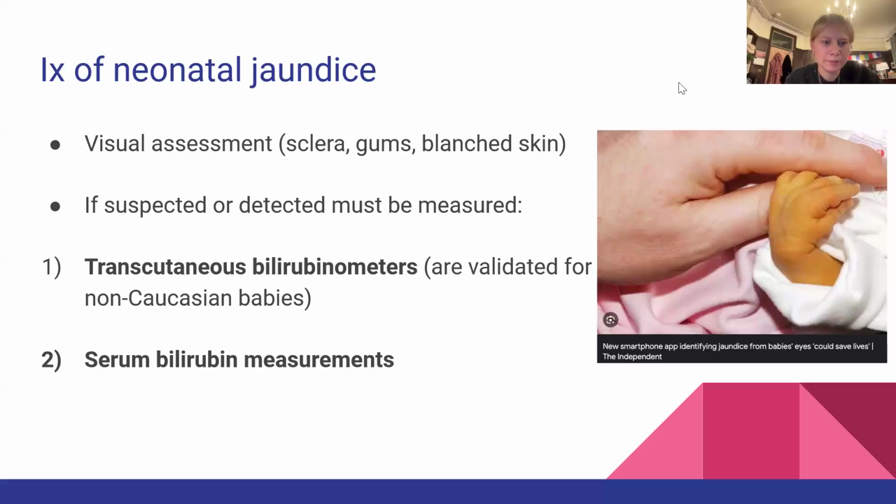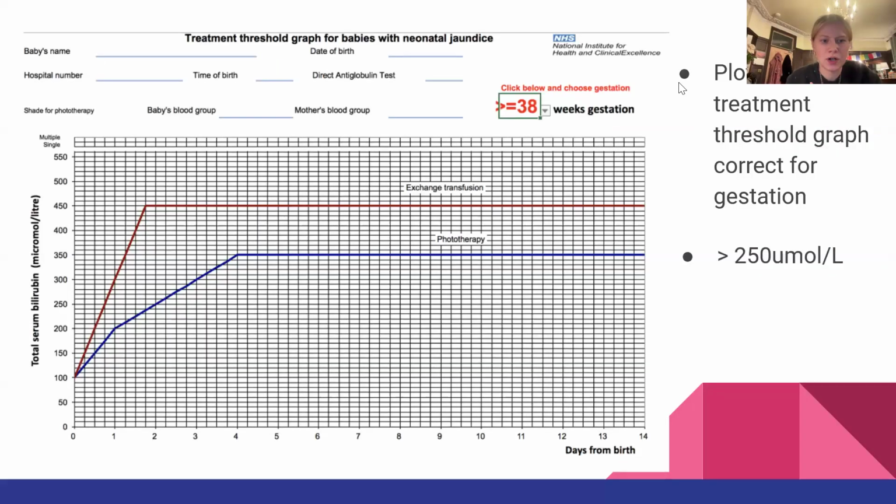So if we go on to the next one. After we measure our serum bilirubin, each trust will have a slightly different graph, but the idea is that you plot the levels of bilirubin you see in the serum against a graph like this. Depending on the threshold and where that serum level is, you would give different types of treatment.